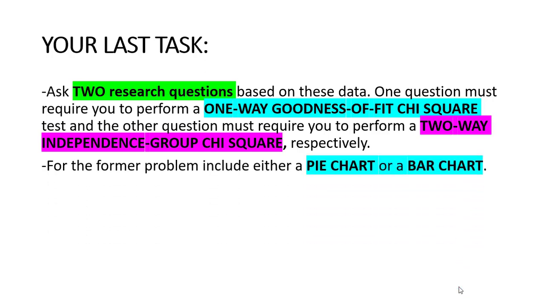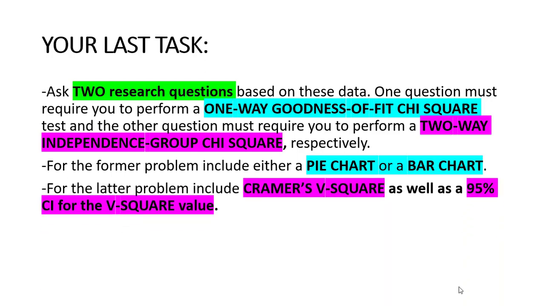Now for the former problem, you are going to include a pie chart or a bar chart. Along with the report, you will include either a pie chart or a bar chart, not both, just one. And for the latter problem, where you're going to be running the two-way independence group chi-square, you're going to report Cramér's V square, and you're also going to be reporting the 95% confidence interval for the V square value.